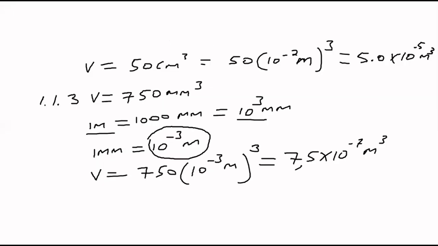So what are we given? We're given a mass of 5 grams. That is 1.2.1. So this is oxygen. Oxygen is denoted by O2.